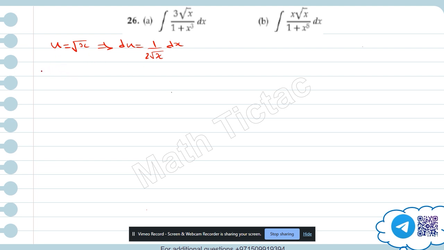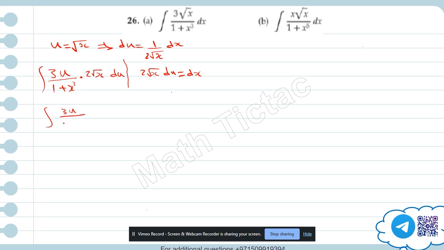After that, for solving the question, I will start the substitution. First, let's write it and see what will happen. This gives 2 square root of x du equal to dx.